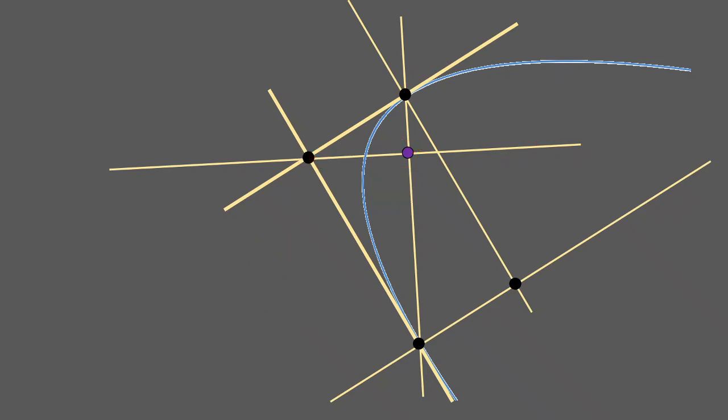And once you have the focus, then you can have the axis. The axis will pass through the focus, but the axis is definitely not like this. The axis is somewhere like this, or maybe like this. How would you figure out the slope of the axis?